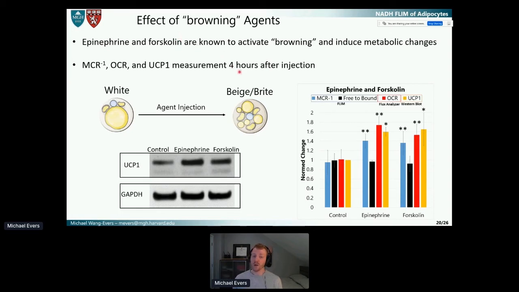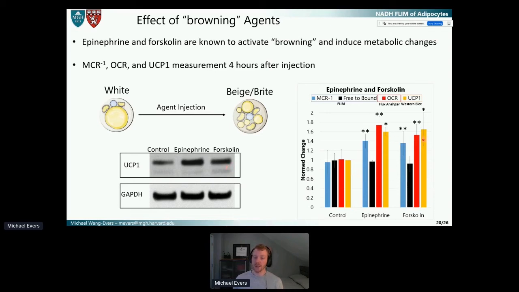And then we did that, waited for 4 hours, and measured the MCR, the oxygen consumption rate, and the uncoupling protein 1, which can only be found in beige fat cells or bright fat cells and not in white fat cells. And as you can see here in this Western blot, epinephrine and forskolin definitely induced that UCP1 expression, which you can also see in this graph here.